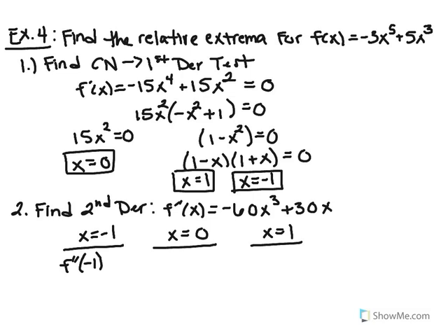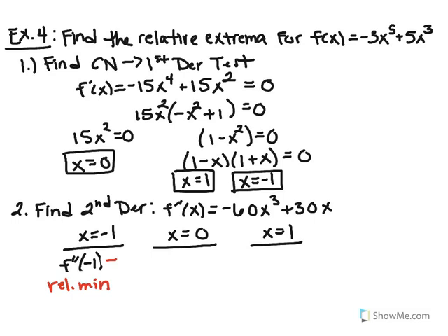If it's concave upward, it should be a minimum. So when I plug this in to my second derivative, this becomes positive, and therefore this is a relative. Oops, I'm sorry. It's negative. I'm sorry. I'm going crazy. This is negative, and so this would be a relative minimum.